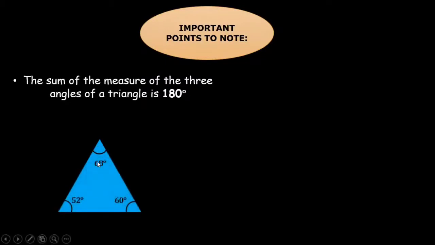That means if you add the angles, 52 degree plus 68 plus 60, you should get the sum as 180 degree. So 52 plus 68 plus 60 gives me 180 degree. Keep a note that whenever you add the three angles of a triangle, it should always be equal to 180 degree.